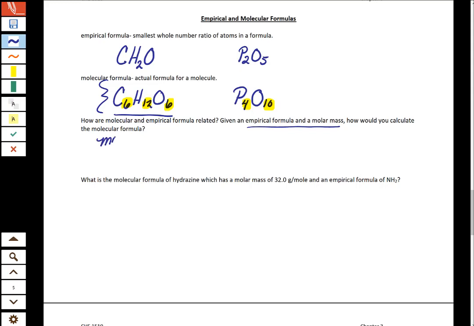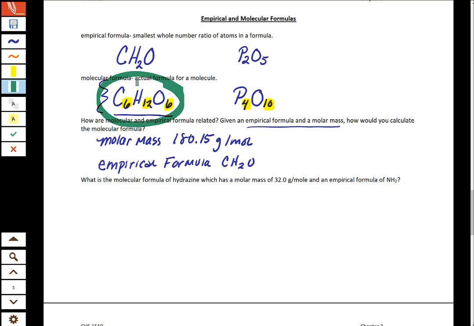So I'm going to give you the molar mass of 180.15 grams per mole, and I'm going to give you the empirical formula, and that's CH2O. And the question is, how do you use this information to get this answer?